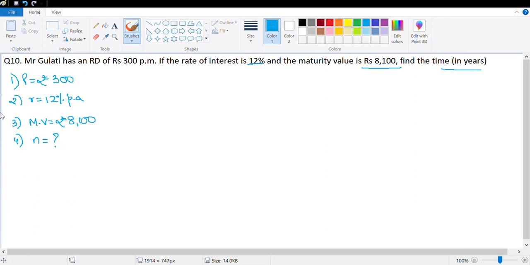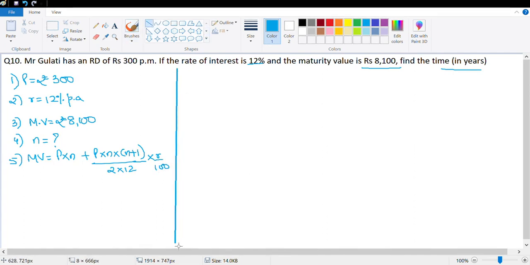Again, we know one formula, which is maturity value is equal to P into N plus P into N multiplied with N plus 1 upon 2 into 12 multiplied with R upon 100. Let's substitute values. In this case, maturity value is 8,100.